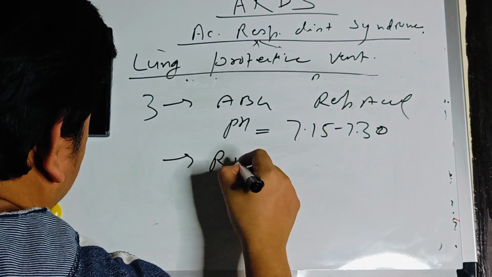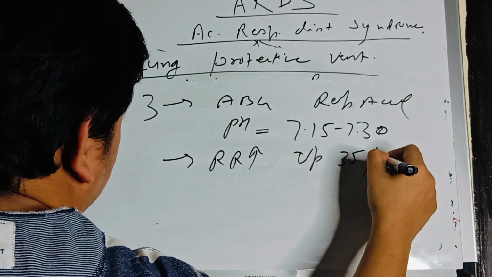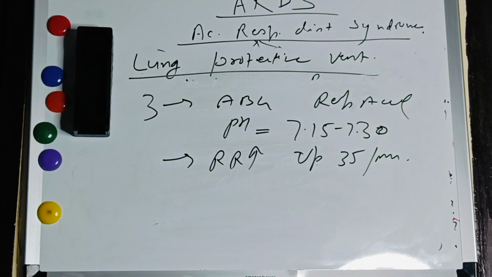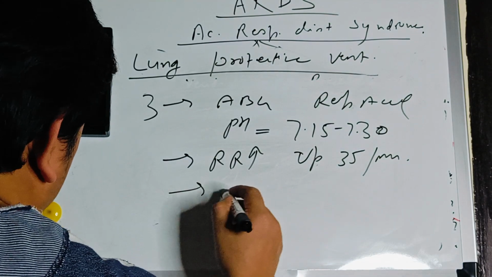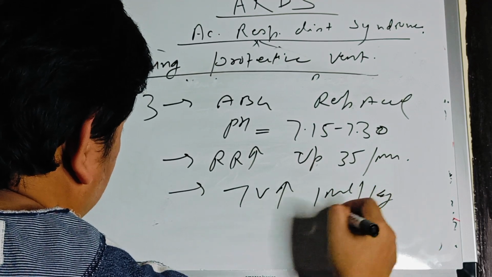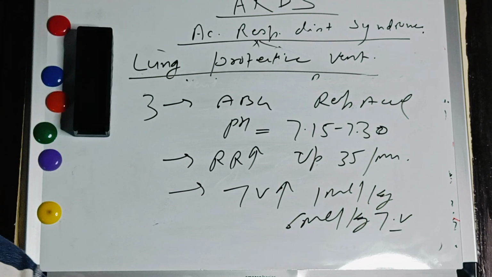So the respiratory rate is increased up to 35 per minute, and we have to see whether the pH is getting better or not. If pH is not getting better, then tidal volume is increased by 1 ml per kg body weight up to 6 ml per kg tidal volume.